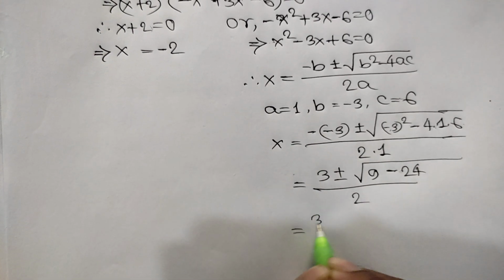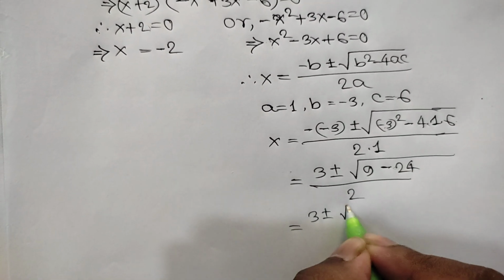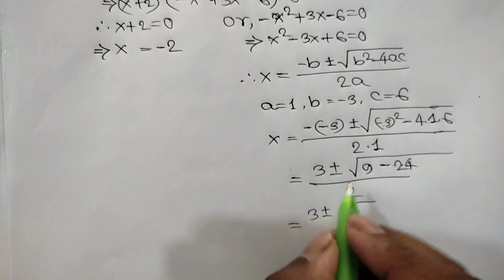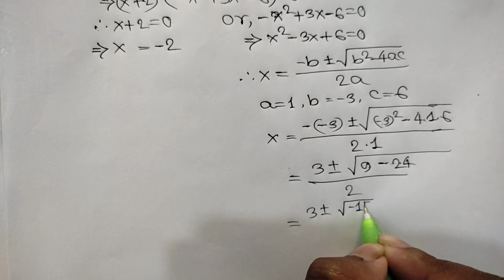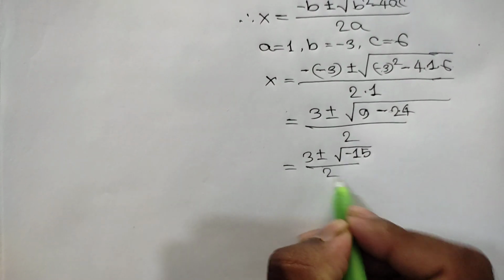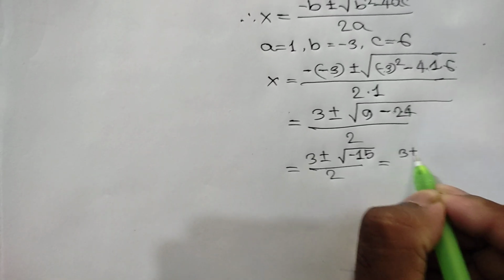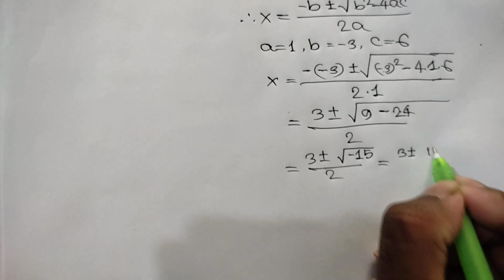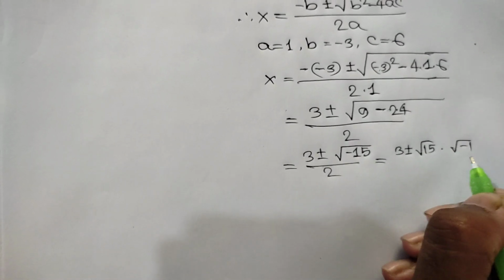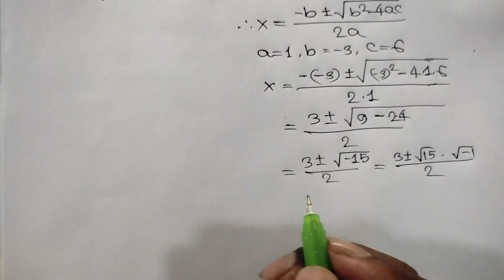Or 3 plus or minus square root of 24, 9 minus 24 that means minus 15, over 2. Or 3 plus or minus square root of 15 times square root of negative 1, over 2.